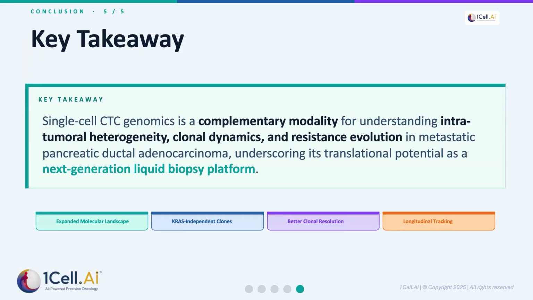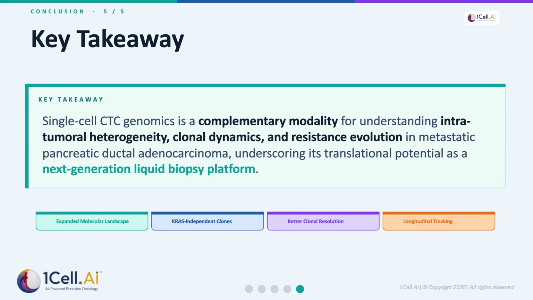So key takeaway, we need all of these modalities. CTC genomics is a complementary modality for understanding intratumoral heterogeneity, clonal dynamics, and resistance evolution in metastatic pancreatic ductal carcinoma.